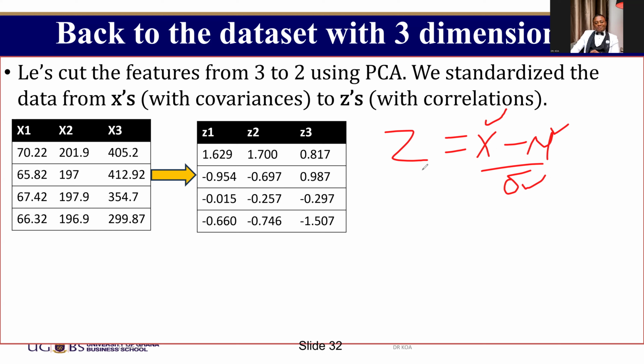And then for each value, you subtract the mean and divide by the standard deviation. This is called scaling. And this will convert the use of covariances, which are the X's, to the use of correlations, which are the Z's.